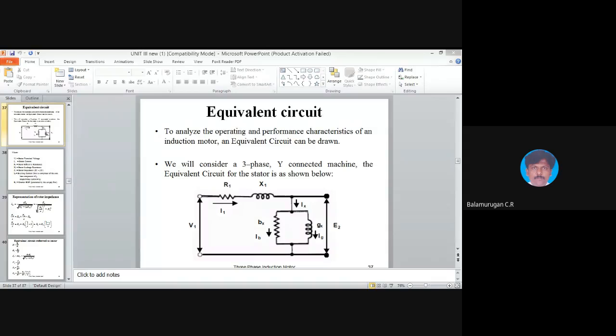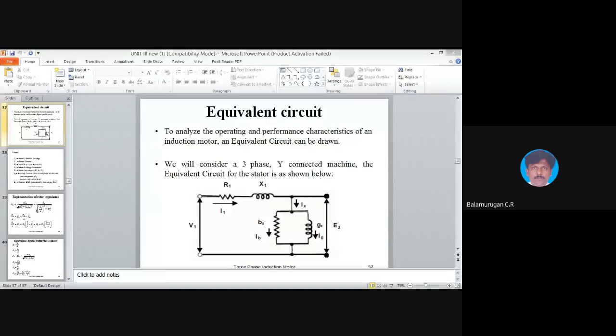So what are the stages here? We'll have a stator, and then we'll have a rotor. In the stator, we'll apply a three-phase input, so we'll call this the power input. And afterwards, we'll have the load. So this is the stator and this is the rotor. We'll apply a power input to this, so the flux will link with the rotor, and we'll have a rotor input.